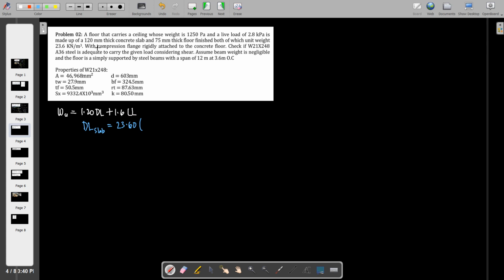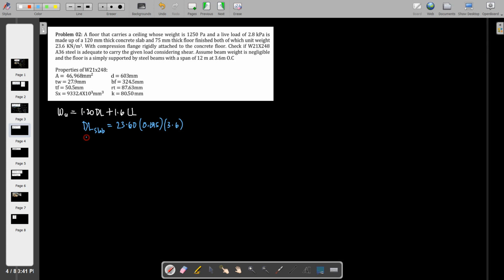This is 120 plus 75, that is 195. So in meters, that is 0.195, and then multiplied by our length 3.6.